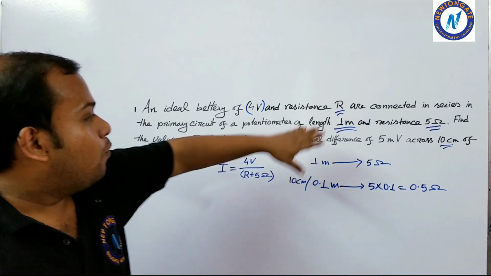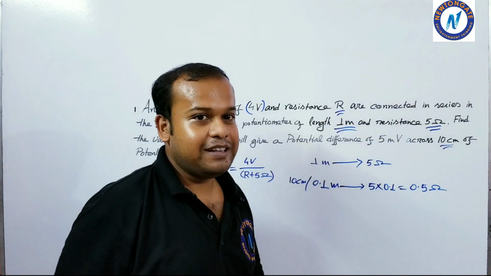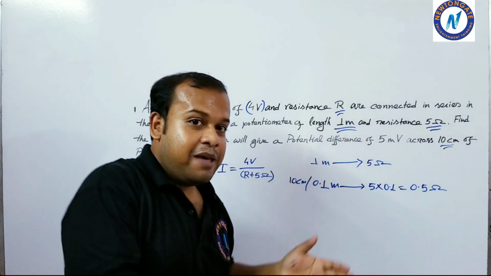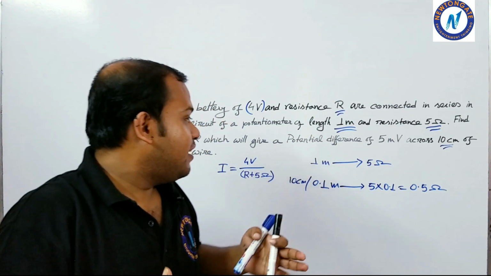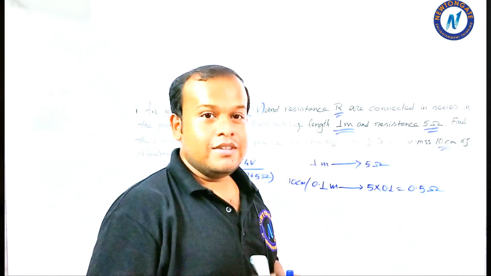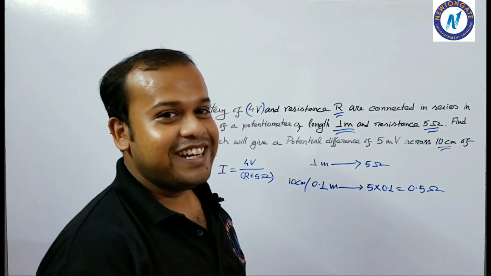Now we have to see what will be the potential difference here. For that we are going to use the same method and approach it the same way. What is the required potential difference here?